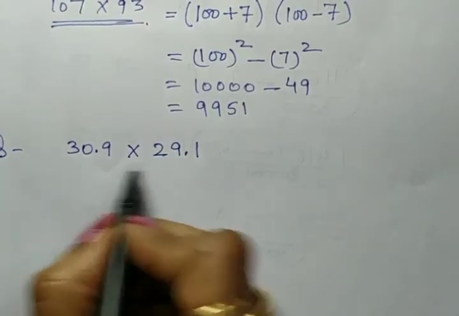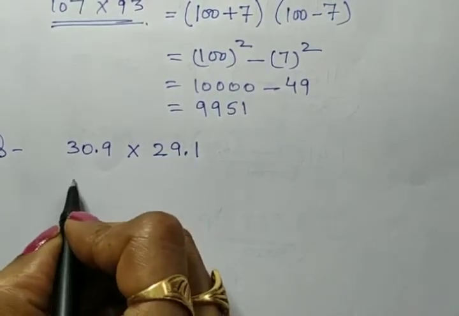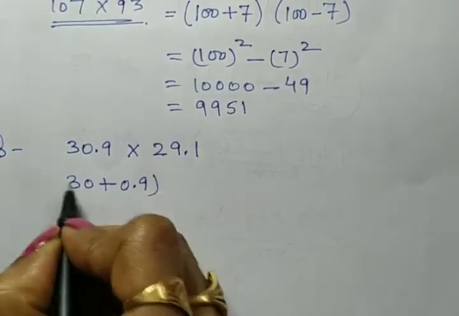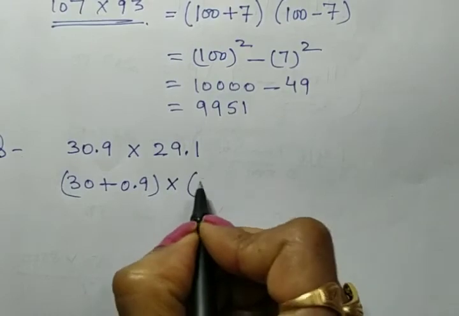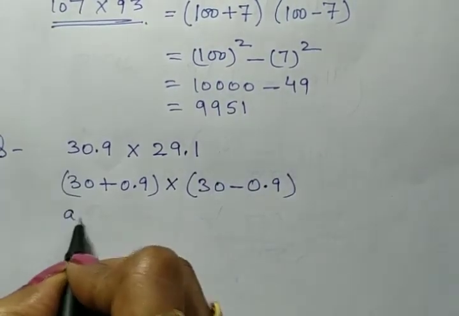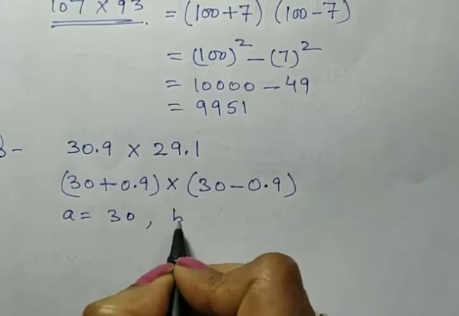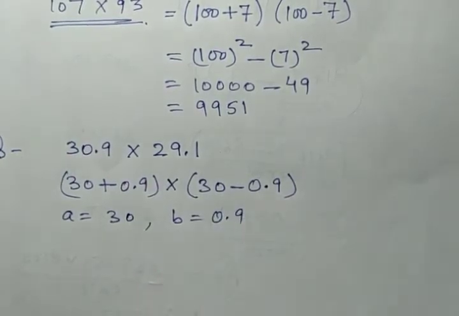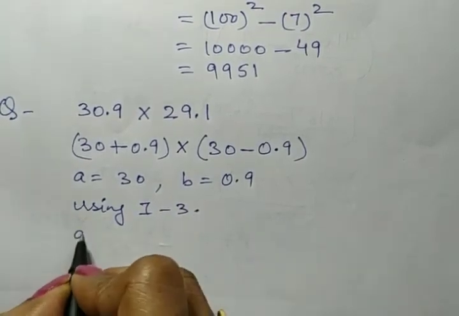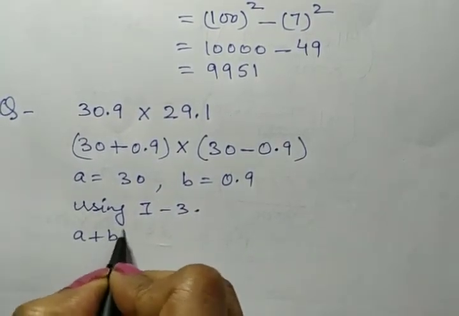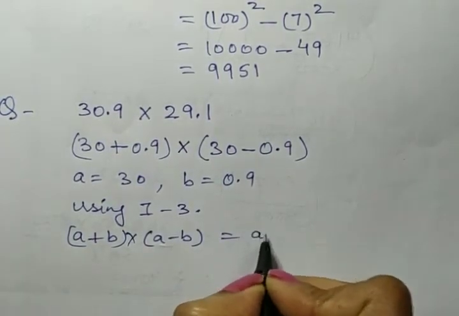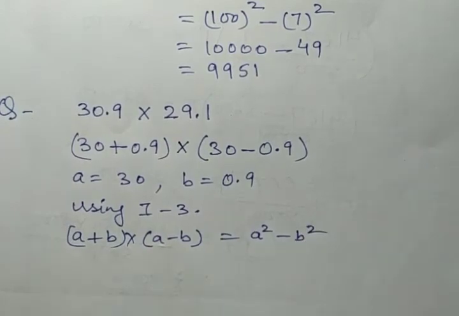Let's see, convert these numbers in binomial form, that is 30 plus 0.9 multiplied by 30 minus 0.9, where A is equal to 30 and B is equal to 0.9. Now using identity 3, A plus B multiplied by A minus B, that is equal to A square minus B square.